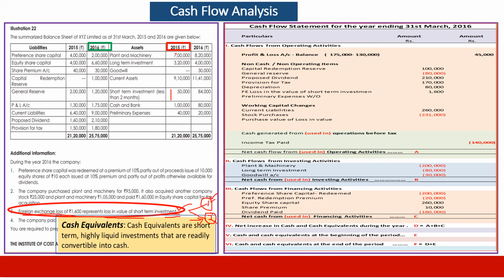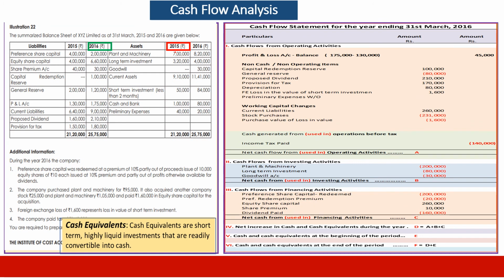Let's go ahead. 1,600 was charged as loss, it brought down profits. Now we are reversing it, adding it back to profits. Then we treat it as an investment lost, meaning it is an outgo. We will be showing it under the same operating activities as an outgo of 1,600, which will be an acceptable form of presentation.